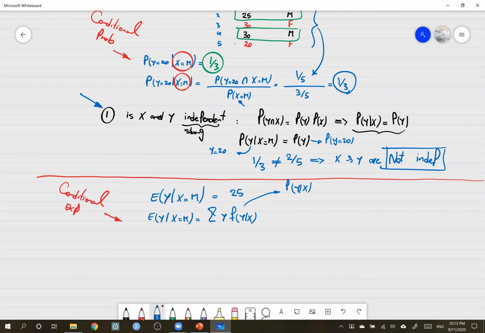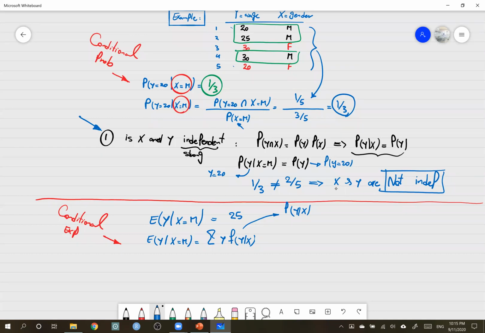But remember, as long as it is little f, you're talking about the PMFs. This is a conditional probability, right? So let's figure out if we can solve this one. Again, I want you to pause the video and think about this one as well. This is a little bit more tricky, but you should be able to do that.